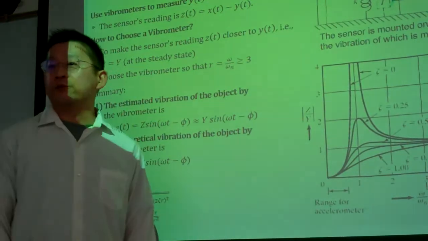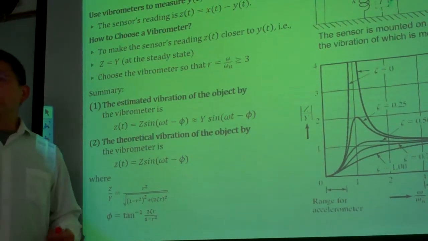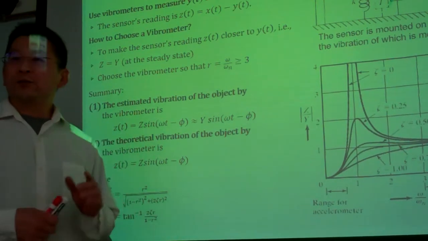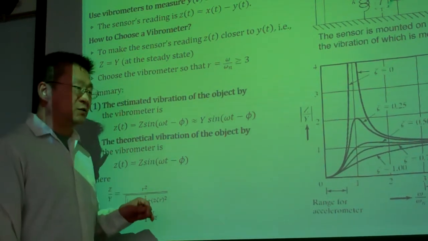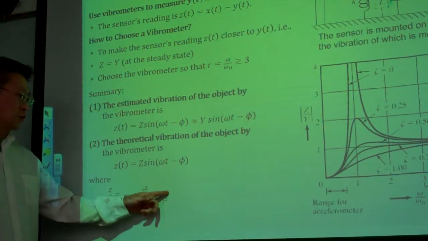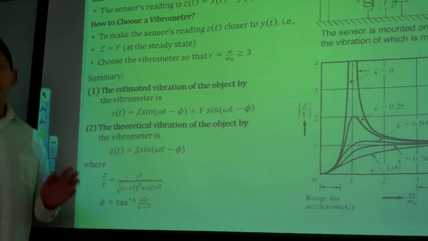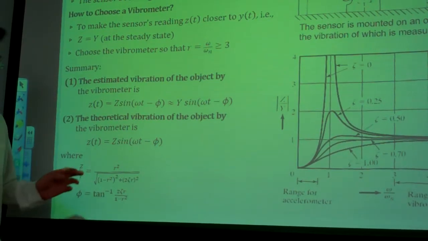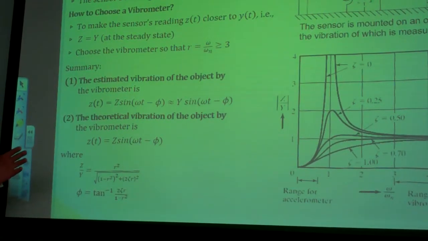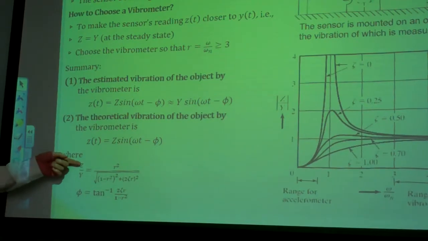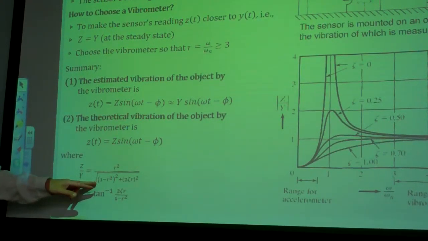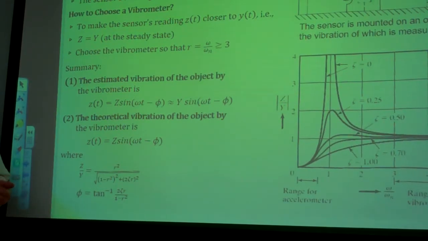Okay, so the remaining issue is that in most of these situations we won't be able to get one ideal sensor such that this is equal to 1. So that means in most practical situations, there is always a certain relative error between z and y. So this number in practice won't be equal to 1.